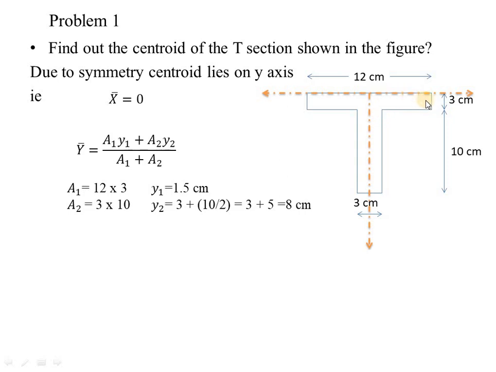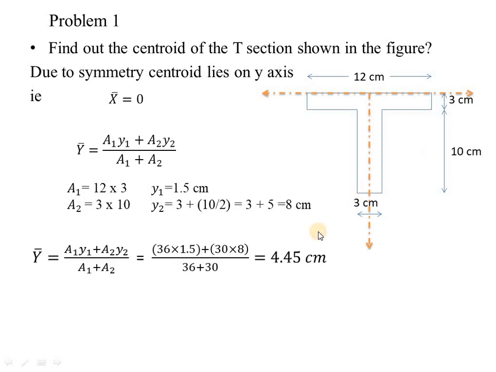So, that is 3 plus 10 by 2, that is 3 plus 5 equal to 8 centimeters. Now, substitute the values obtained in the equation of y bar and find out the value of y bar. That is a1 y1 plus a2 y2 whole divided by a1 plus a2 will give you 4.45 centimeters. Clear? Hope you have obtained the same answer.